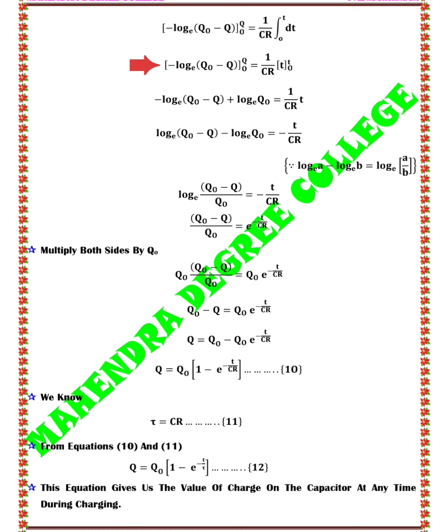where integral dt means t. We get minus log Q naught minus Q from 0 to Q equals 1 by CR times t from 0 to t. We apply the limits: minus log Q naught minus Q plus log Q naught equals 1 by CR into t.